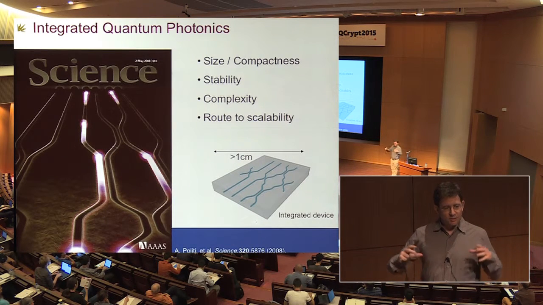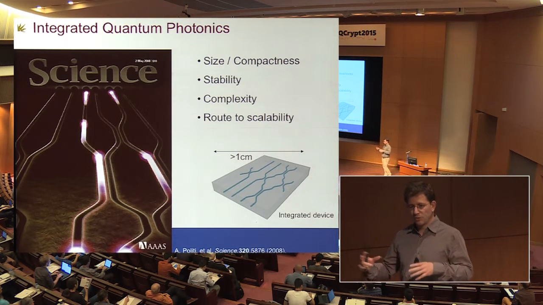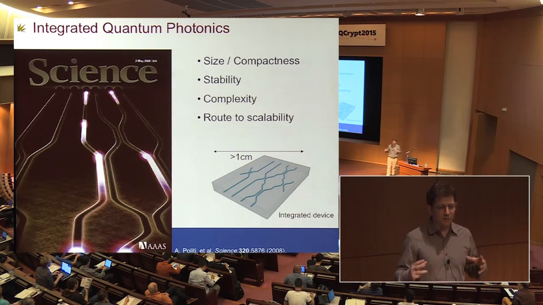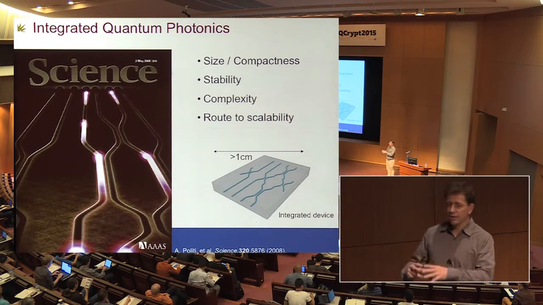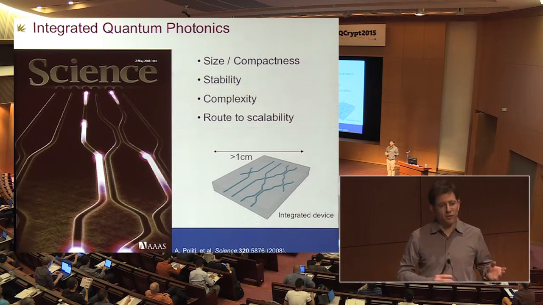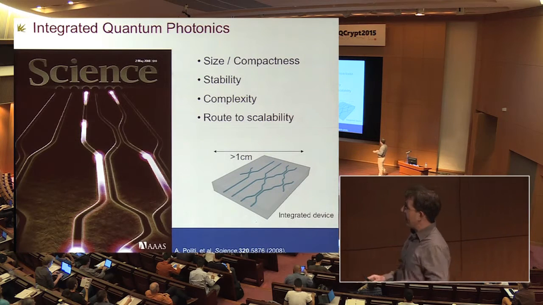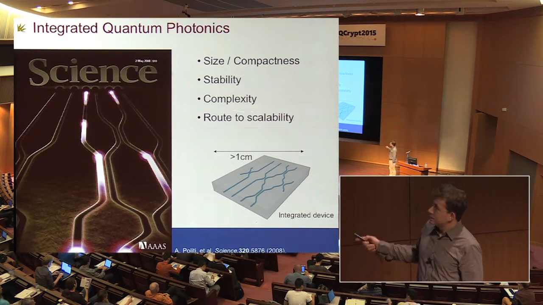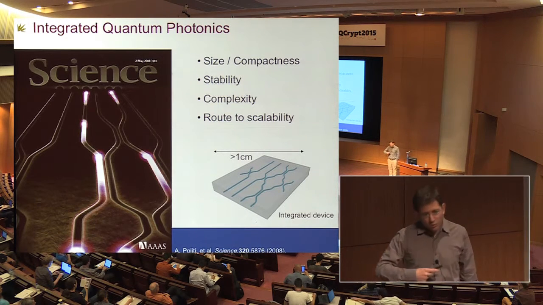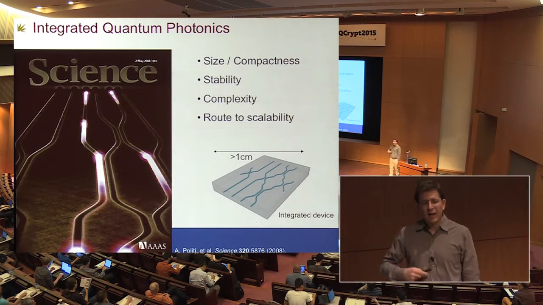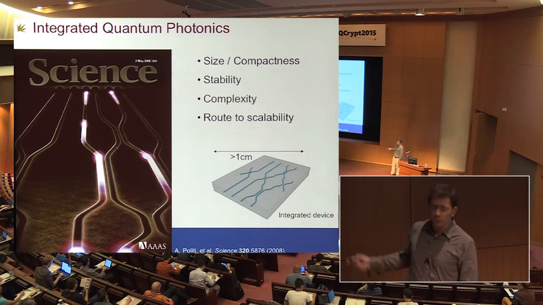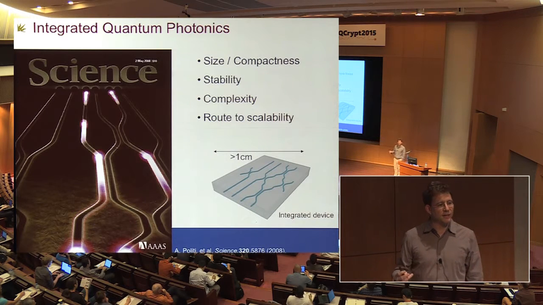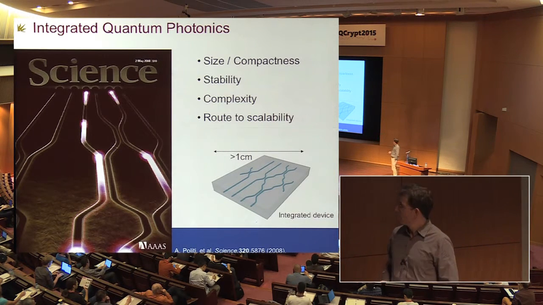By taking your quantum photonic circuits, which are often Mach-Zehnder interferometers or nested Mach-Zehnder interferometers and need to be highly stabilized circuits, by locking those circuits into solid blocks of silicon or solid blocks of glass, you get inherent stability. And with inherent stability, that then allows you to start increasing the complexity of those circuits without requiring huge amounts of stabilization. And with increased complexity comes routes towards scalability. So it's really about the stability that we get from making these circuits in an integrated platform.